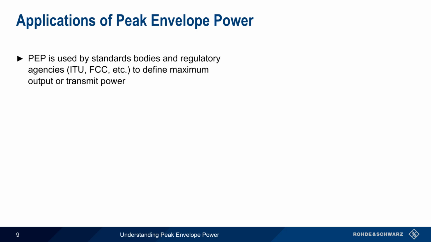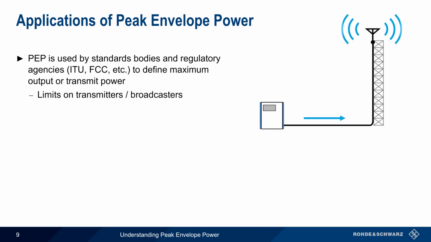Because peak envelope power is a practical measure of maximum power, it's often used by standards bodies like the ITU or regulatory agencies like the United States FCC to define maximum output or transmit power, for example when placing limits on transmitter or broadcaster output power.